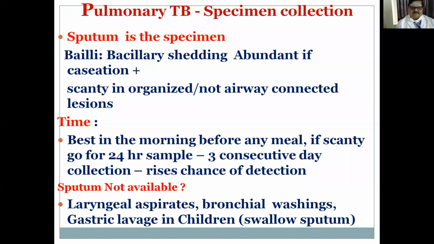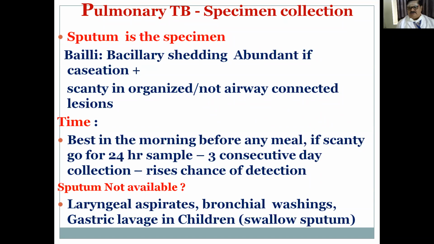Coming to the time, the best time is the morning before any meal. If scanty, go for a 24-hour sample. 3 consecutive days you have to take the sample, and it raises chances of detection. If sputum is not available, then what to do? In case of children, they swallow the sputum and it's difficult to get sputum, so do a gastric lavage in children.